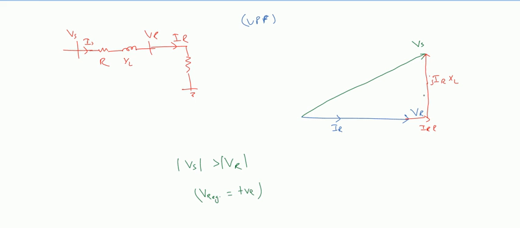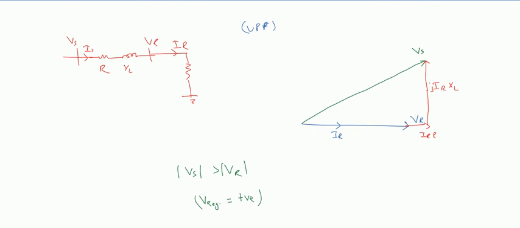But there is a different thing for the leading load. So let us take a leading load, and we can make the phasor diagram for that also. So let us first consider again this transmission line.